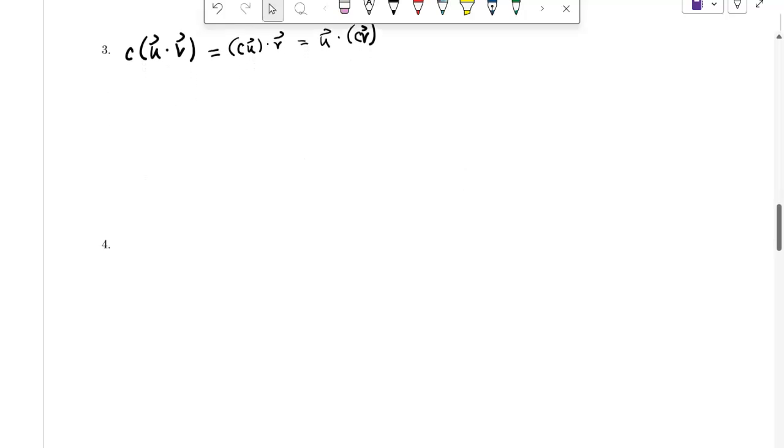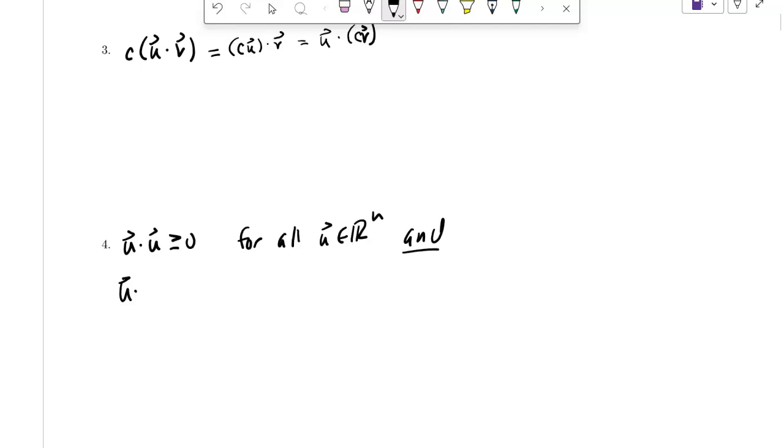It says that first, U dot U is always greater than or equal to 0. Because again, if we think about this in terms of length, if I square the length, I better get something that's always positive, right? And the only way a vector can dot itself to 0 is if that vector is the 0 vector. Again, this is specifically for lengths of vectors.